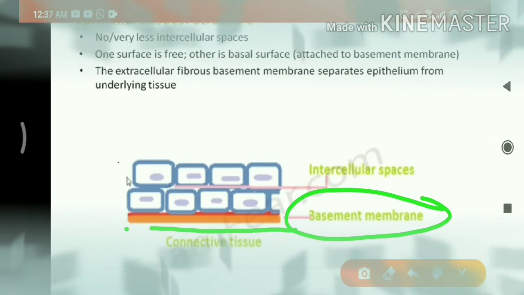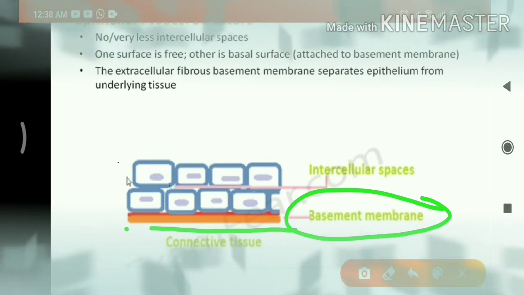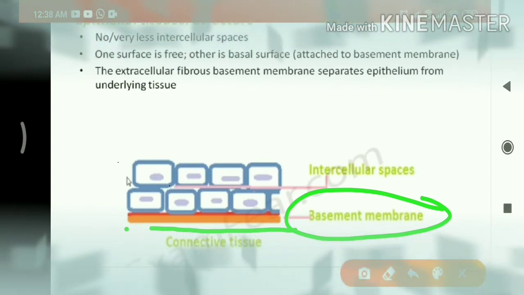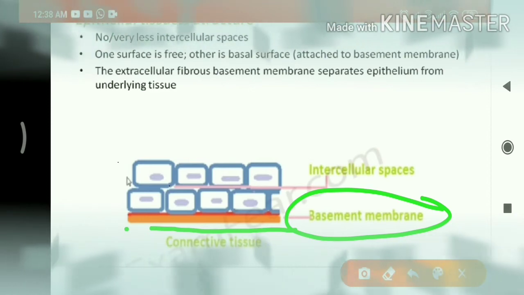The next point is that one surface is free and the other is a basal surface attached to the basement membrane. Why is this basement membrane required?